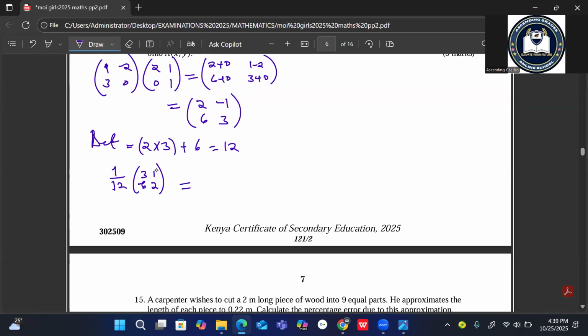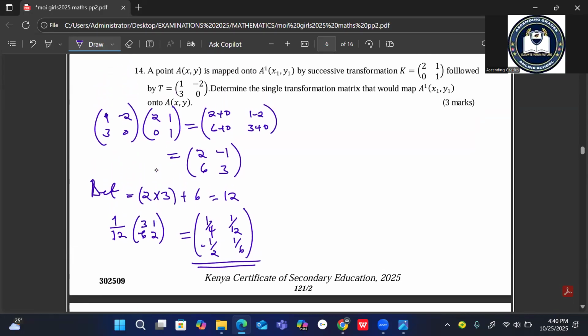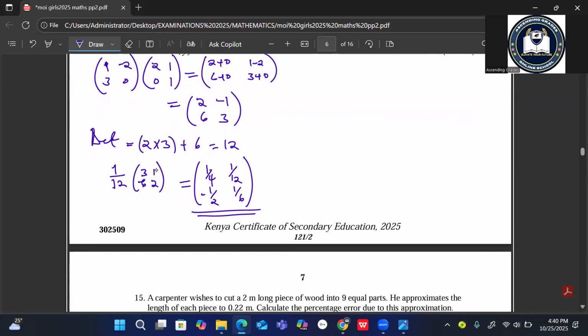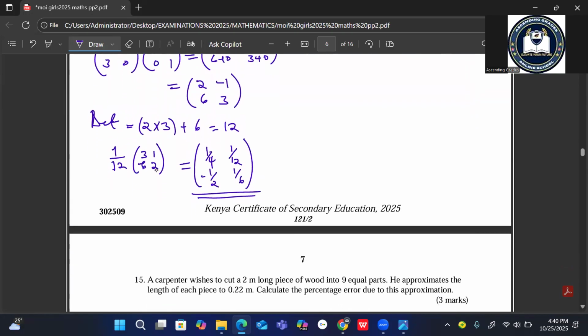We're going to have 1 over 4, that is a quarter, then 1 over 12, then a half, then 1 over 6. So this is now the final answer for that. That one is simple. Then you get your 3 marks.